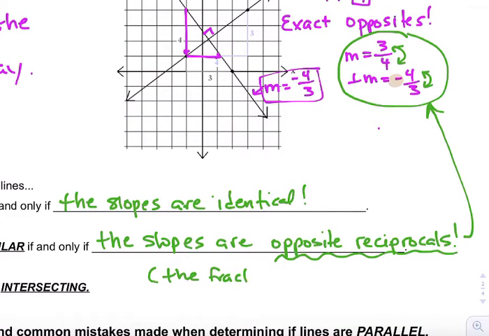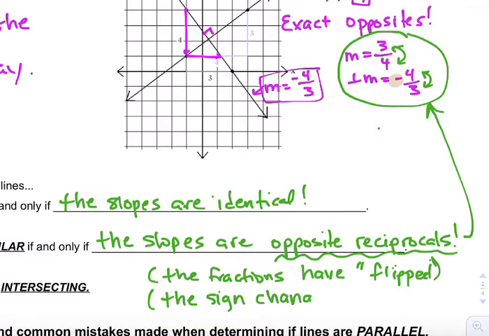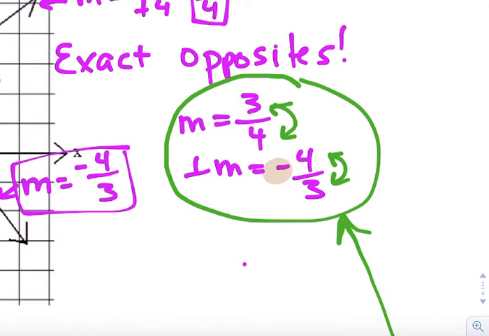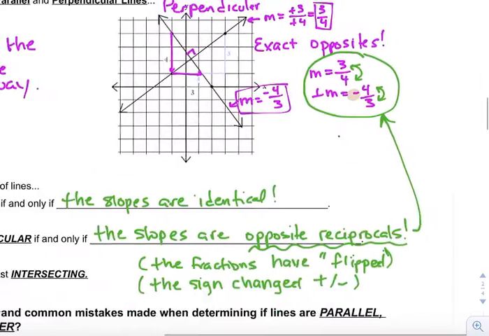One thing is true is that the fractions have flipped. And the other thing that's true is that the sign changed. In other words, positive, negative. And so if you look at these slopes up here, one is positive, one is negative, and the fractions flipped top to bottom. And that's what's meant by opposite reciprocals.